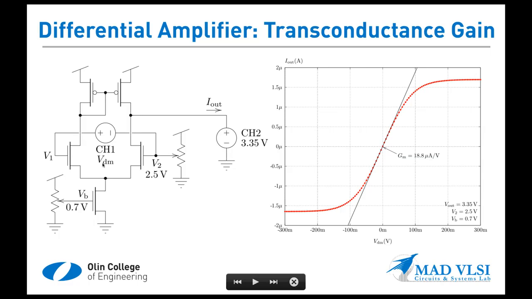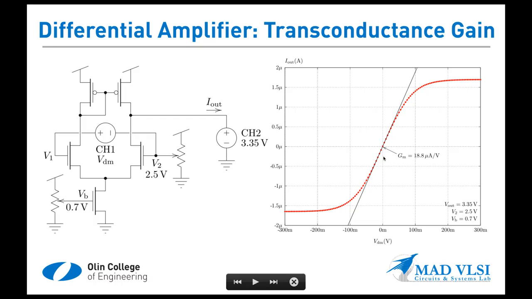So this should be our hyperbolic tangent, or hyperbolic tangent-like curve, our differential output current of the diff pair turned around and subtracted. And what we see is a nice saturating IV characteristic, just like we said we would get. And the slope of the tangent line to this curve is going to be our incremental transconductance gain of the circuit as a whole.